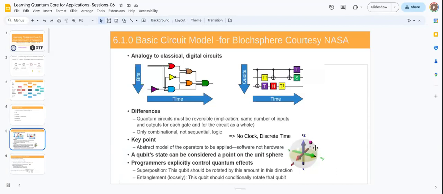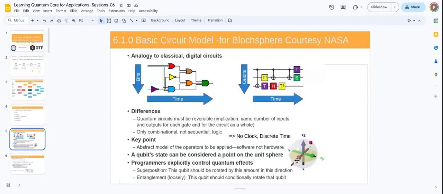So the directions x plus x minus is one direction, y plus y minus another, z plus z minus. The z basis is the standard basis. So your ket 0 is spin up, ket 1 is spin down. We are always using the z basis as the standard basis. The second basis is called the x basis. It can be plus or minus, and that is called the Hadamard basis.